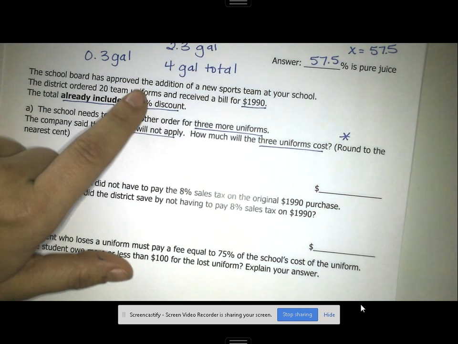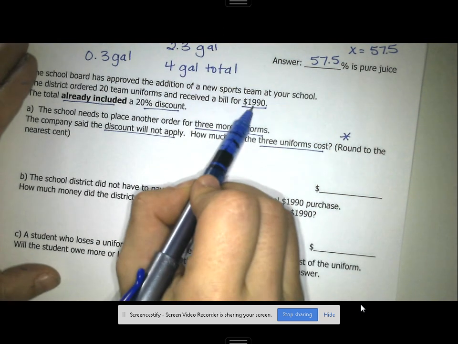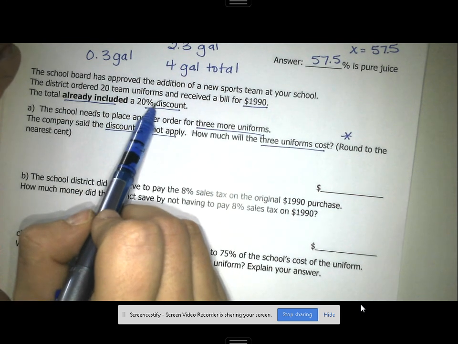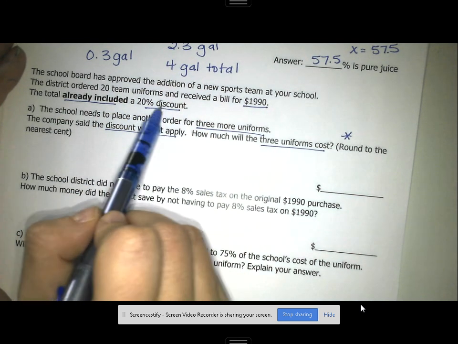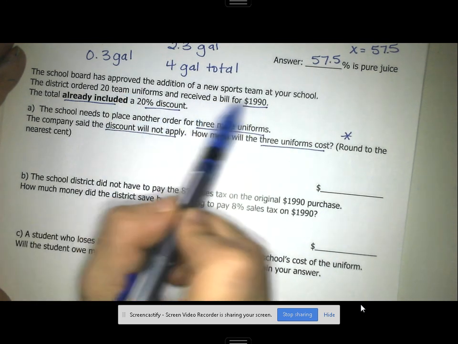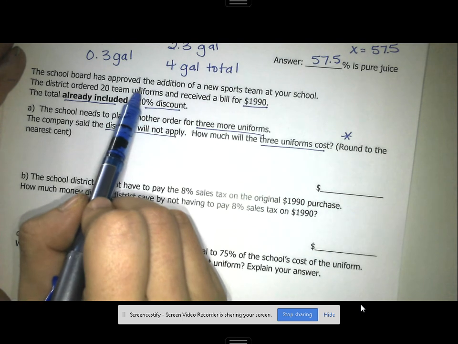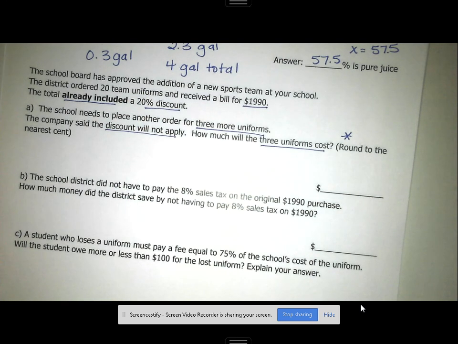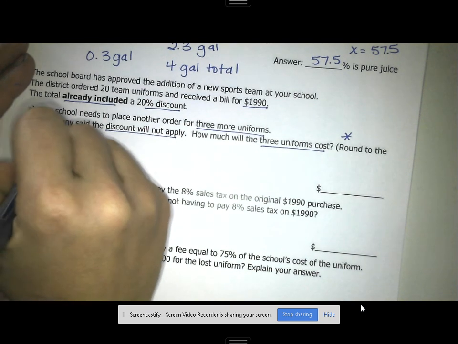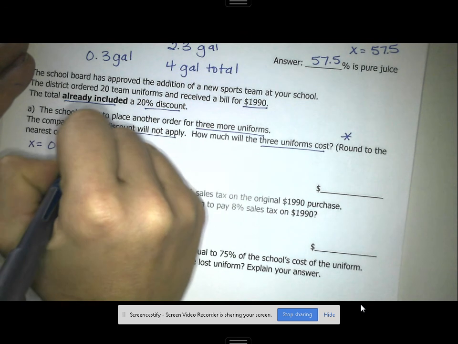So the school has a need for 3 more uniforms, but they're not going to get the discount. This price was the price for 20 uniforms after a discount. So I have to find out what was the price before the discount for 20 uniforms. And then I can use the price before the discount, divide by 20 to find the unit price of 1 uniform without a discount. So let's let X equal the original price of the uniforms.